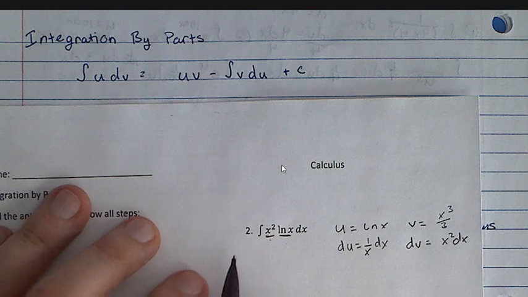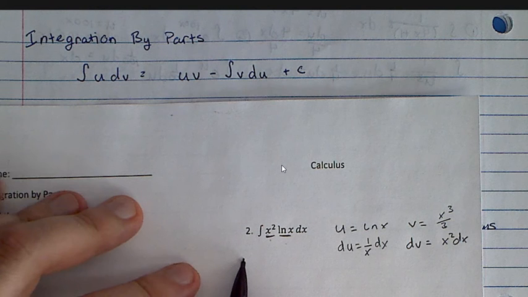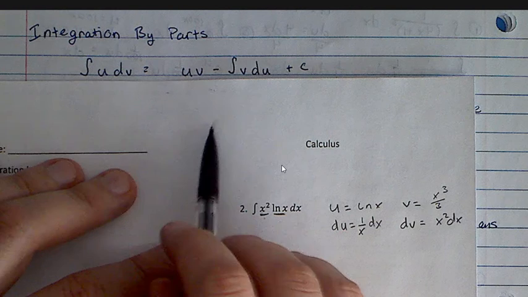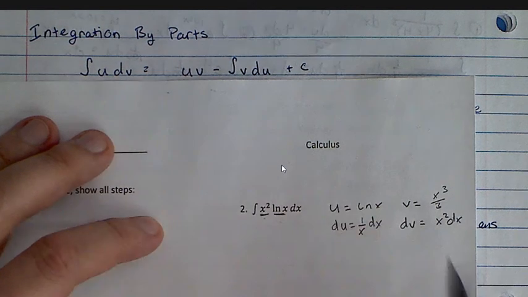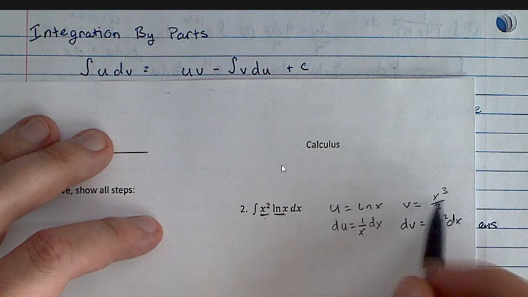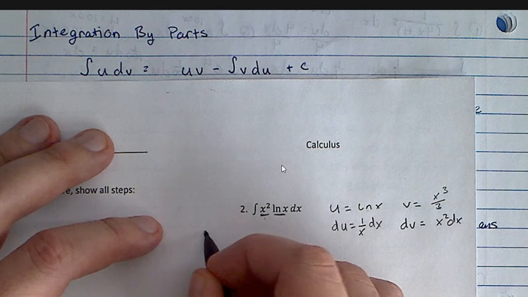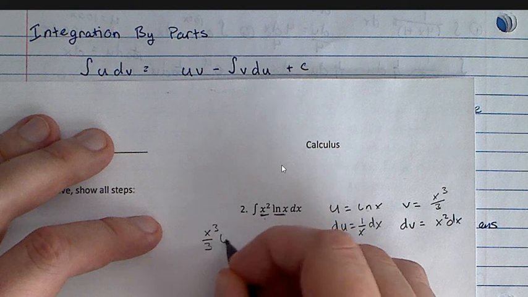Over here, we're going to do uv minus the integral of v du. So uv is going to be ln x times v. I'm actually going to do the v first, just because I like having the x first. So I'm going to do x to the third over 3 times ln x.